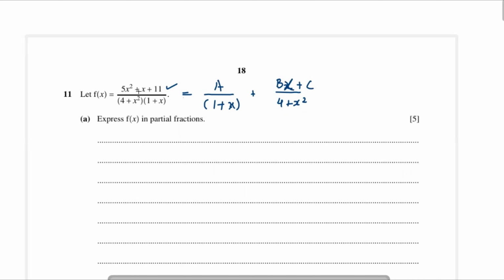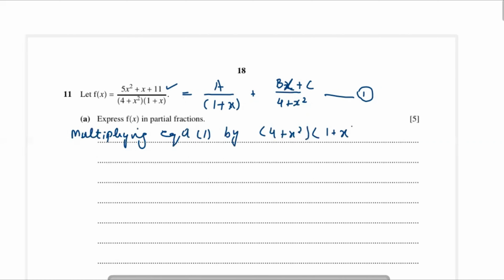Now you see here, firstly we multiply this equation, which we name as equation 1, by the denominator (4 plus x square) into (1 plus x).